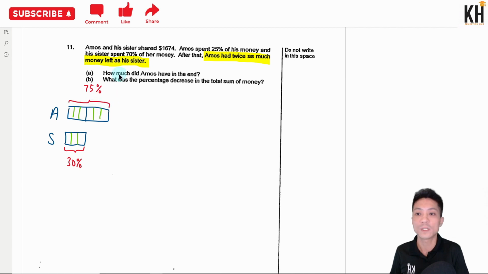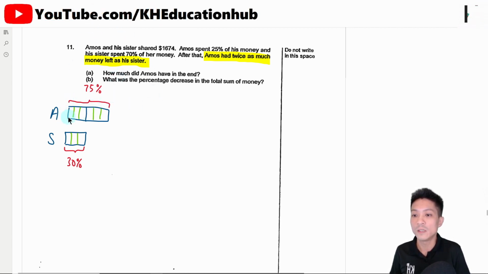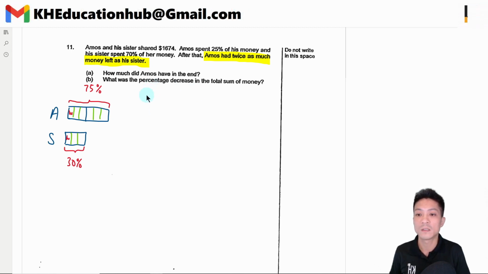But I need to work something out for Amos. Okay, let's treat this small one as 1 unit. This small thing is 1 unit. So which means that Amos's 75% is equal to 6 units, right?